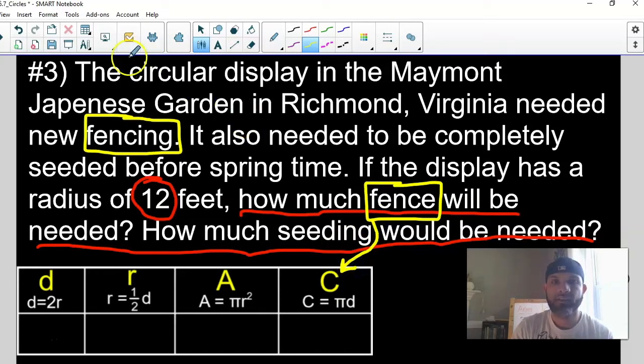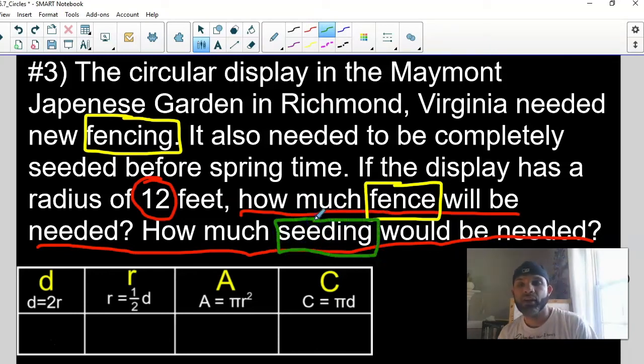And there's also a word in here that's pretty important, seeding. If you're seeding a garden, are you putting it around the outside or are you filling in the inside? Seeding is filling in the inside, so this has to do with the area.